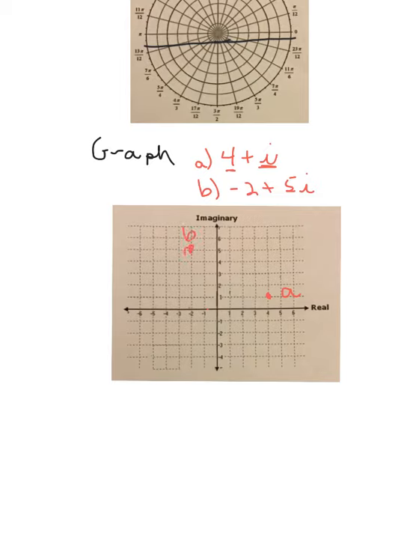And so there is point B. Point C is 6 minus 2i. So for the real part, we are going to go right 6. For the imaginary part, we are going to go down 2. And there is point C.